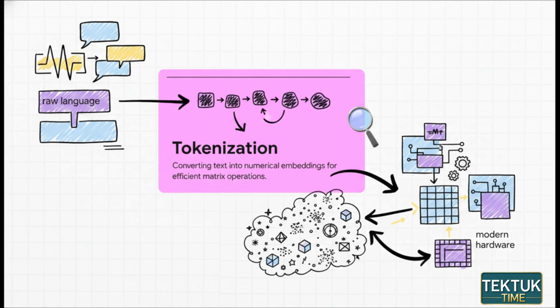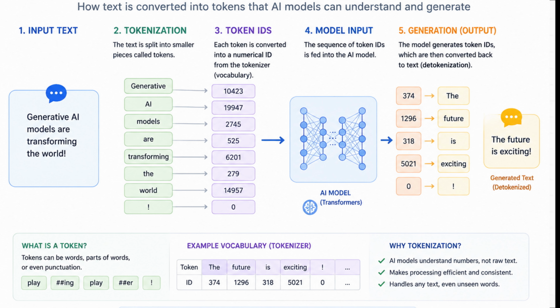The bedrock of all this math is something called tokenization. Since machines obviously can't interpret raw language, they have to convert our words into sub-word units, which we call tokens. And it gets cooler, these tokens are then mapped to high-dimensional numerical embeddings. You can think of these embeddings like exact mathematical coordinates for words. This allows the model to perform insanely fast matrix algebra on modern hardware. So quite literally, our words become math.